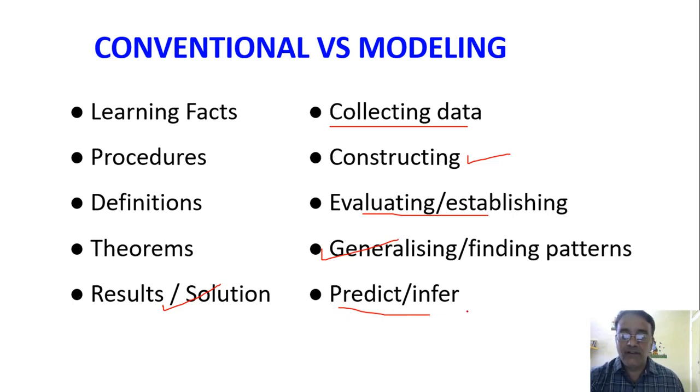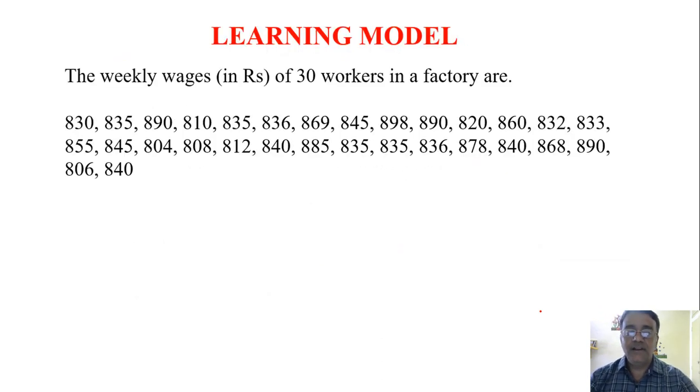We can also infer situations in a more meaningful, deeper way than just seeing the result. Once we predict and understand, we understand some phenomena in a deeper way. Now I will give one example I've taken from our NCERT textbook.